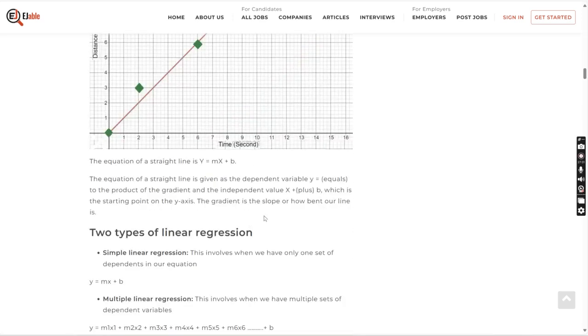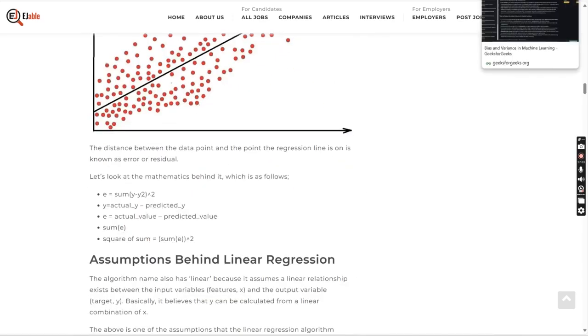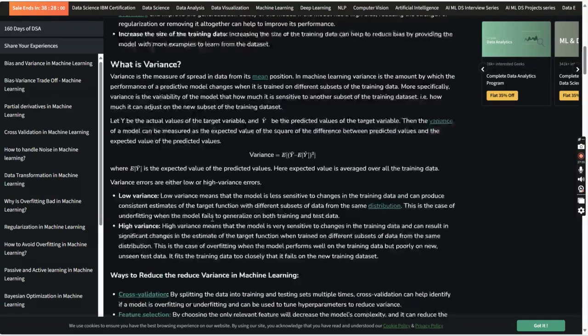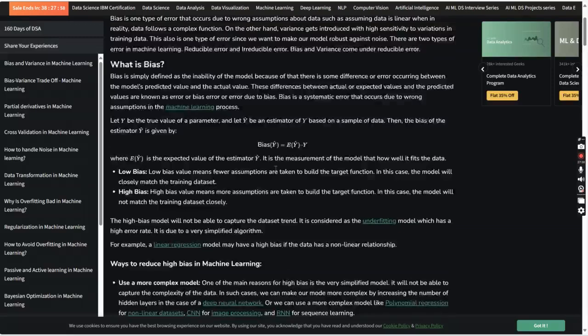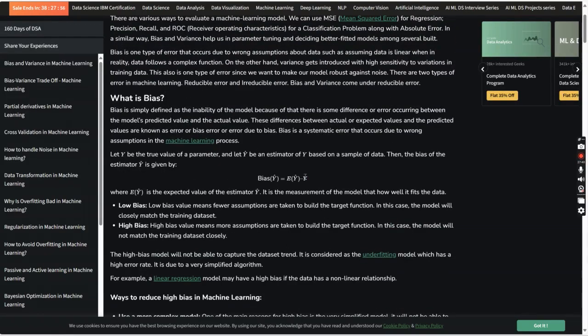Okay, one second, let me see. Bias is nothing but the inability of the model, because there is some difference of error. Now let's just say when you do the prediction, your original value, let's take a very simple example.